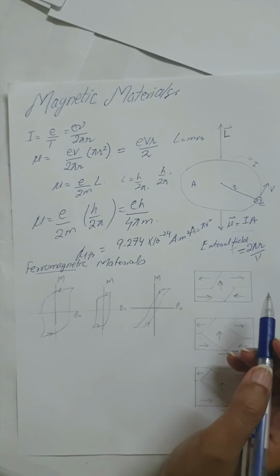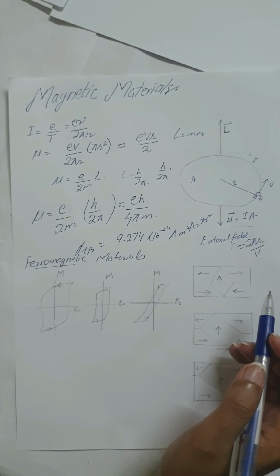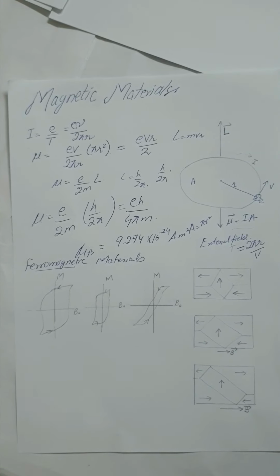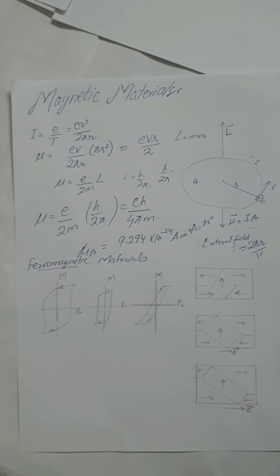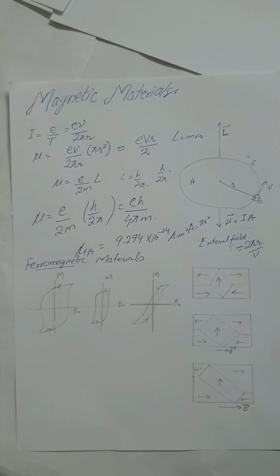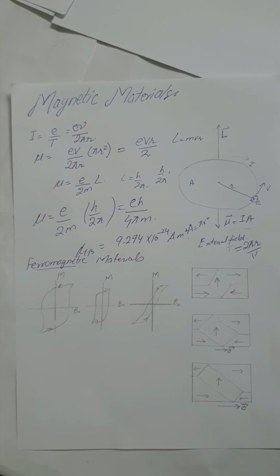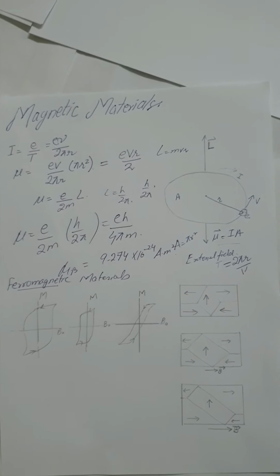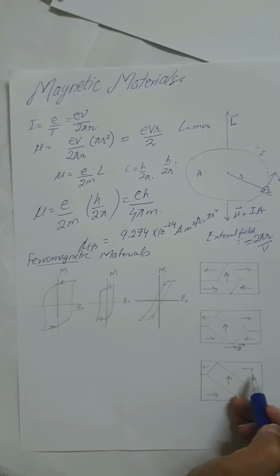But when a magnetic field caused by some external current or by some external source is present, the domains tend to orient themselves parallel to the field. So the domain boundaries also shift. The domains that are magnetized in the field direction grow, and those that are magnetized in other directions shrink.